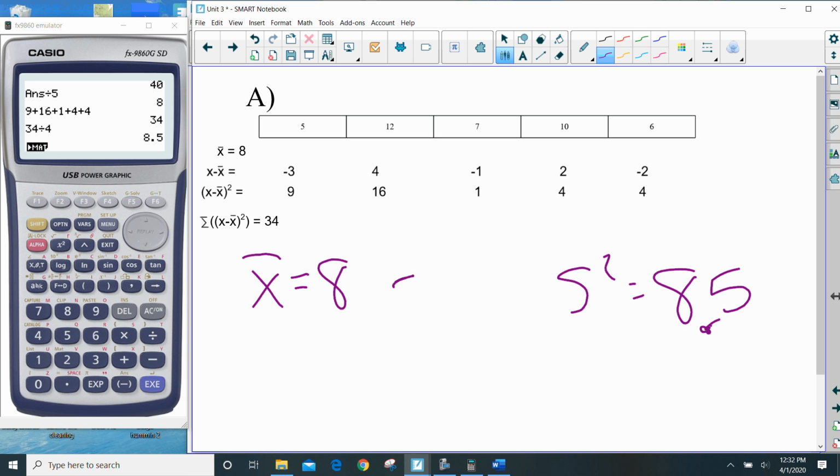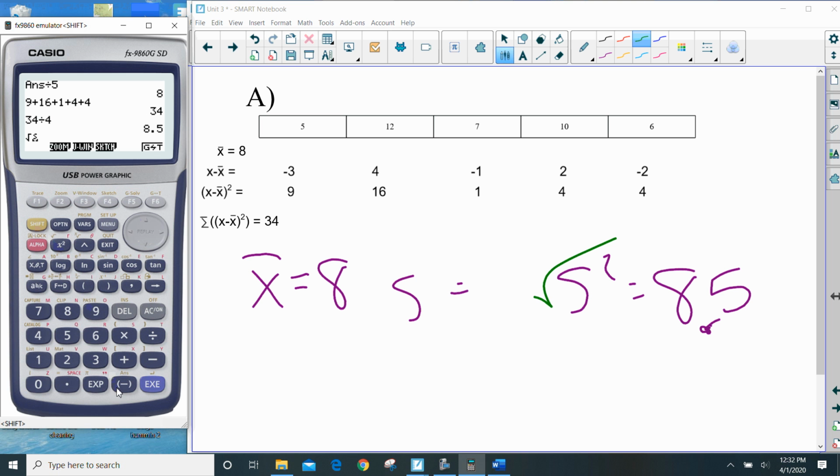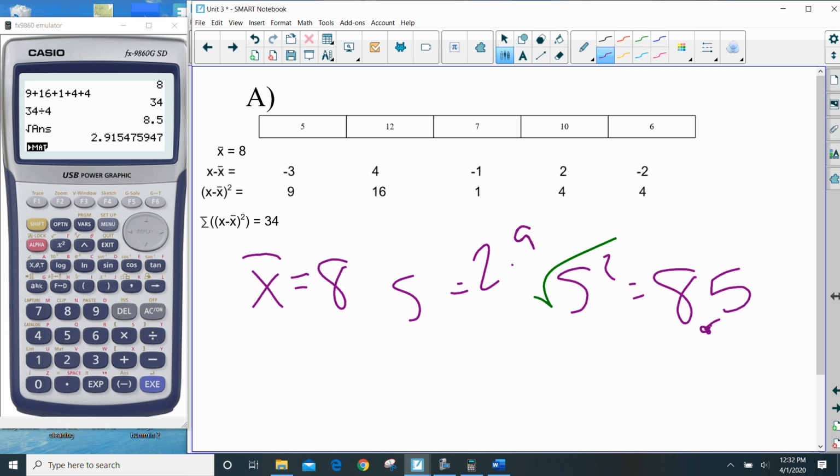S is just the square root of S squared. So back to my calculator, I can square root this answer, and that comes out to be 2.9155.